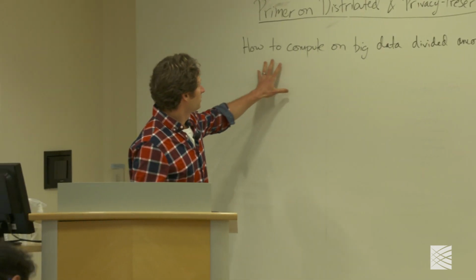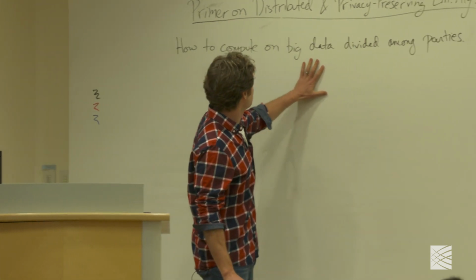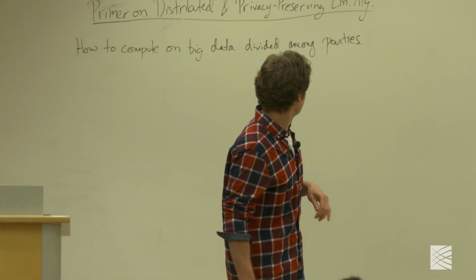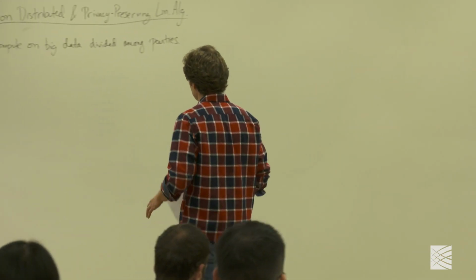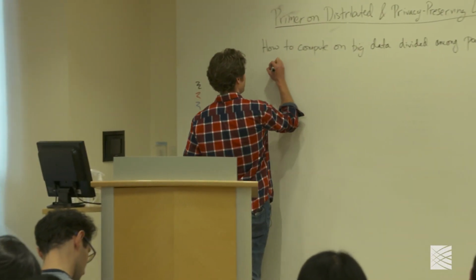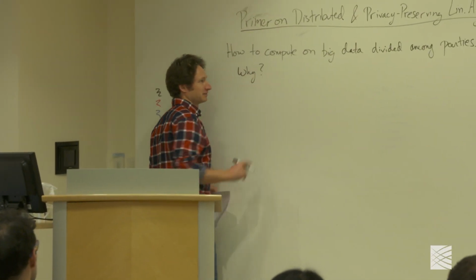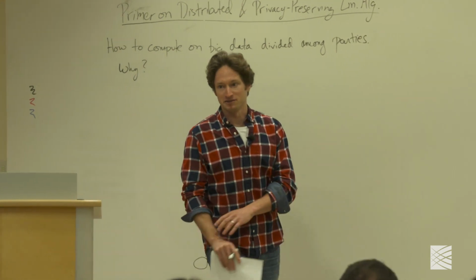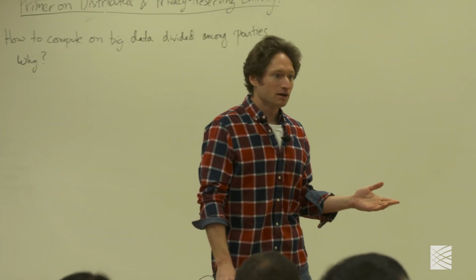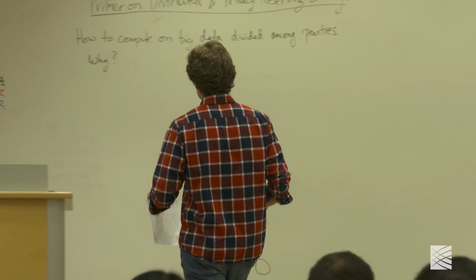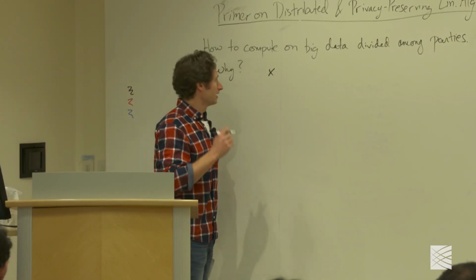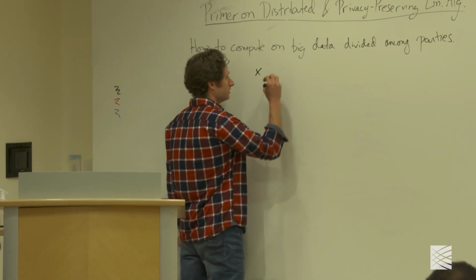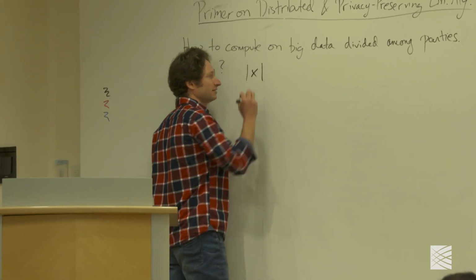So to start things off, the key question here is how do we compute on big data divided among a bunch of parties? A reasonable question is, well, why? Why would you want to divide it among parties in the first place? Just conceptually, let's imagine that I have some vector x, and I want to compute the length of x.